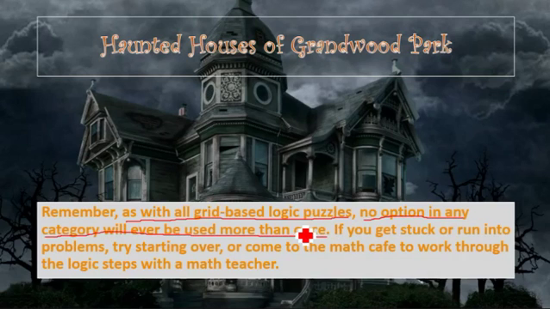In this case, no two houses can be on the same street. No two houses can have the same name. So, each category only has one matching correct answer. Also, it's important to remember that if you get stuck or run into any problems, you can either try starting over or come to the Math Cafe to work through the steps with me or another math teacher.